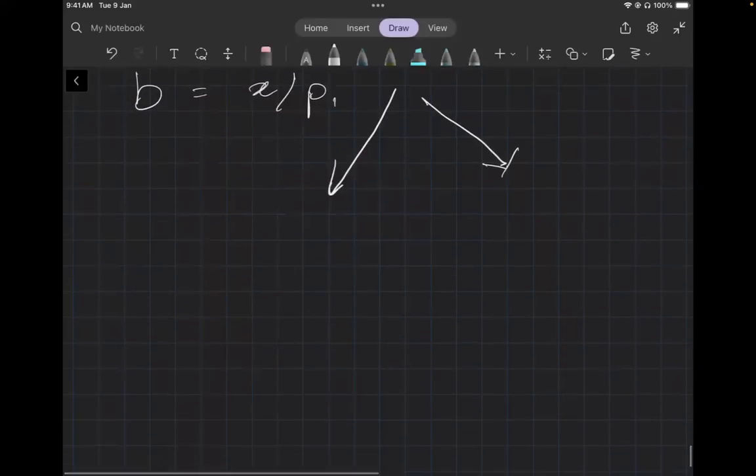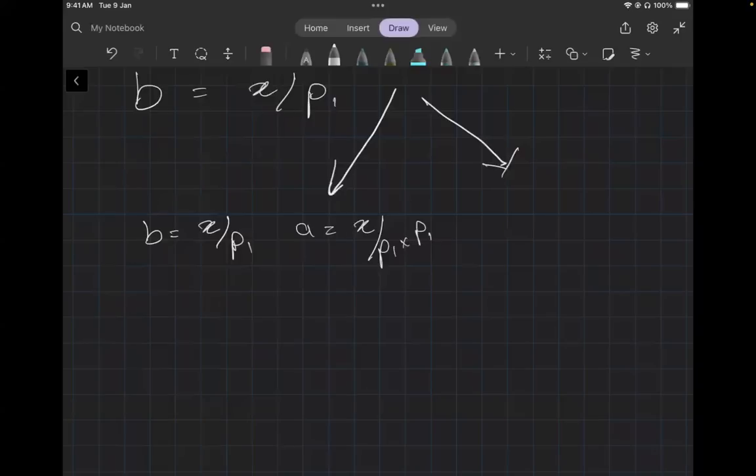Let b be equal to x divided by p1 and let a be equal to x divided by p1 into p1. So now what do we have to find? We just have to find this p1, because if we find this p1, we can say that p1 into b is equal to x. Isn't this true?